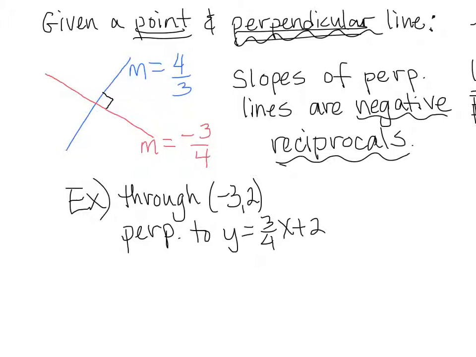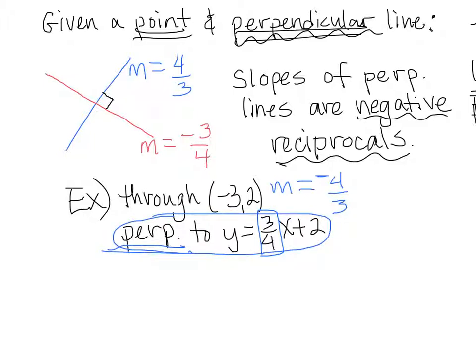Well, we take a look at this slope here, and if it's perpendicular, they're not the same, but the slope of this line is going to be the flipped version, so 4/3, and then the opposite sign, so negative. That's all you do. That's all you use this piece of information for. After you get the new slope, you don't use it anymore.